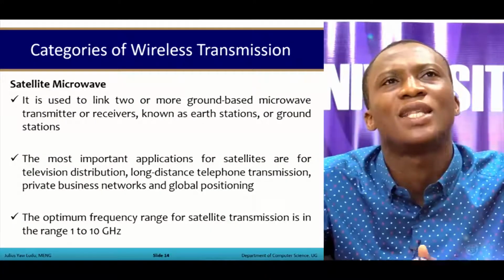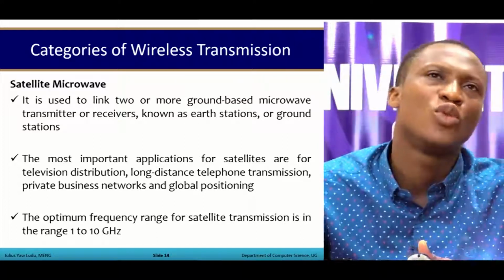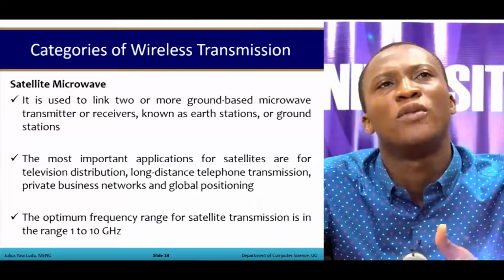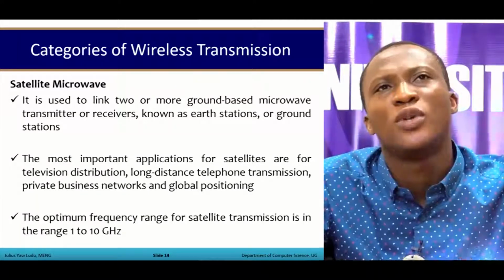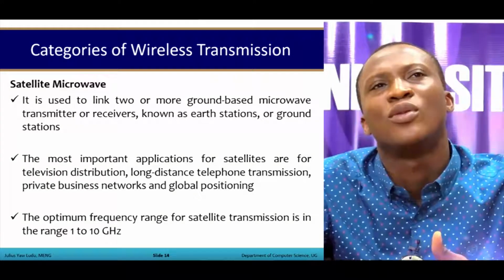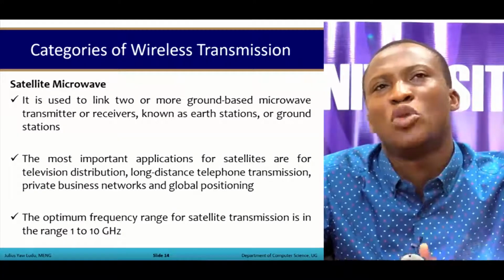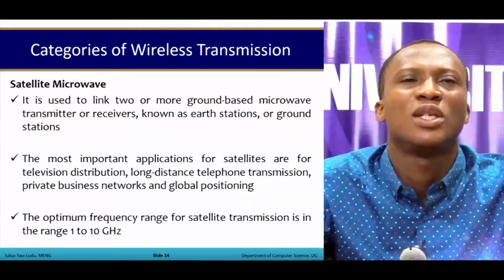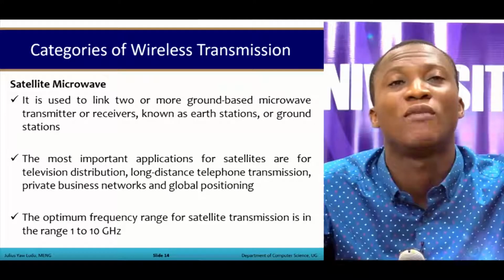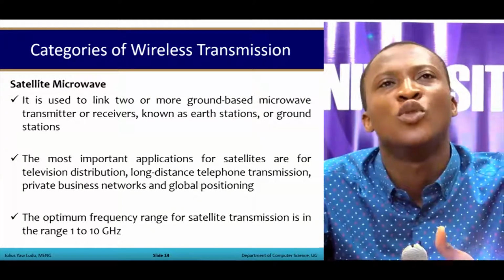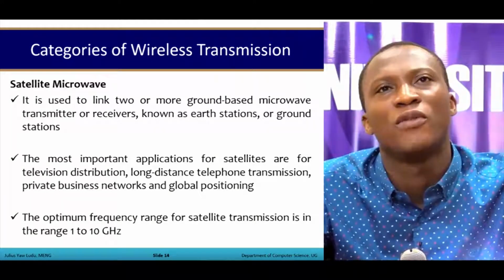Then we have the satellite microwave, and this is used to link 2 or more ground-based microwave transmitters or receivers, and these are known as the earth station or the ground station. The most common application for satellites is television transmission. So we have our DSTVs, we have our Strong, we have our Go TVs, all making use of this satellite microwave.